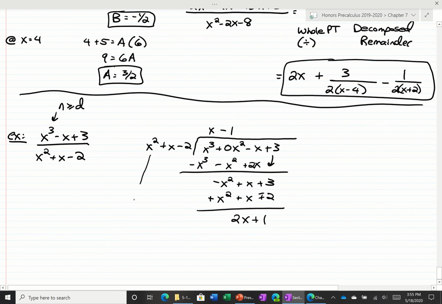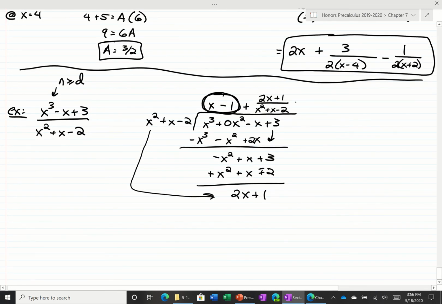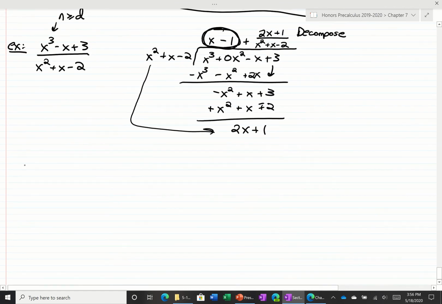And we can't divide anymore, so that becomes our remainder over the divisor. Now this is the whole part. We're going to use that in our answer, but we have to decompose the remainder. So let's go ahead and do that. It's going to be x plus 2 times x minus 1.